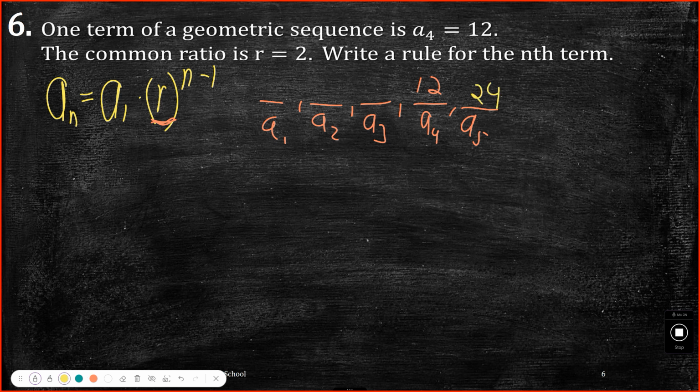So going that way, we're multiplying by 2. And going to the left, we're going to do what? Divide. So what should be the number on the left? 6. Then what's 3 divided by 2? Well, leave it as 3 over 2. But it is 1.5.